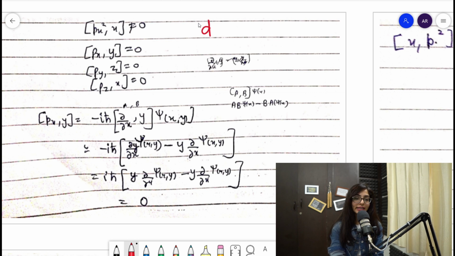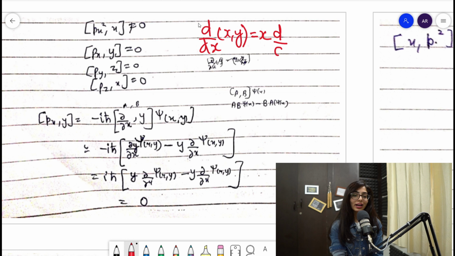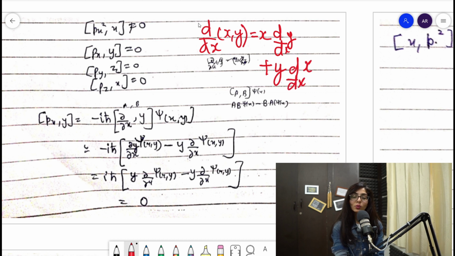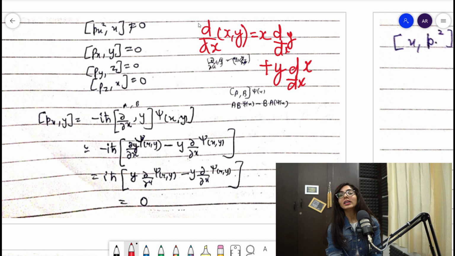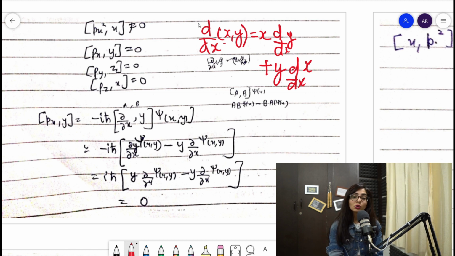Suppose d by dx of xy is there, you will differentiate by taking the first one common and the second one as it is, and then add it, the way I told you in the a square example in the last video, where if two variables are there, you differentiate it like this.